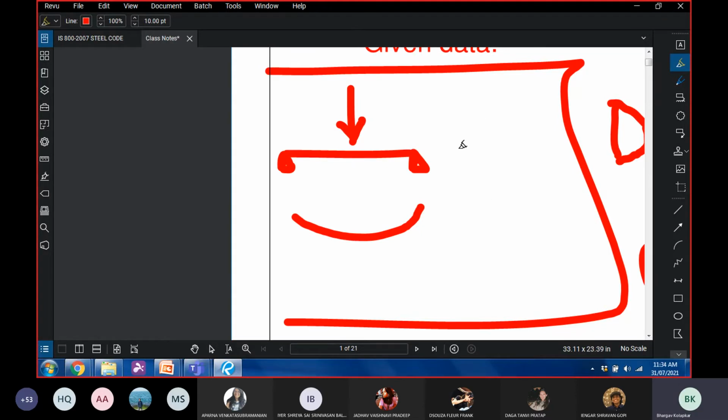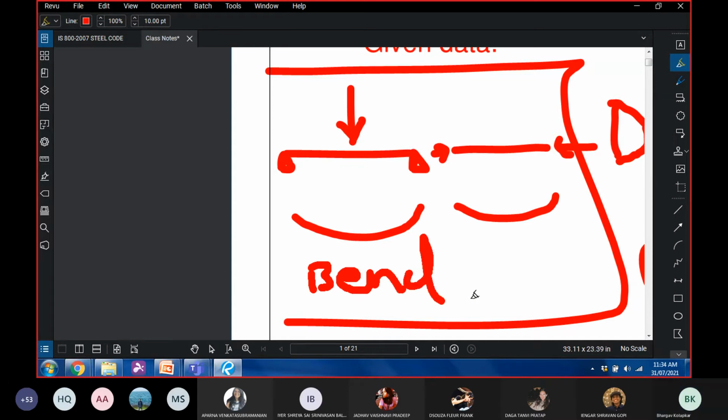But now you took this scale in your hand and you applied a force like this. So the force is in this direction and the deflection is in this direction. When the force and the deflection are in the same direction, it is called bending. And when the force is in one direction and the deflection is in the perpendicular direction, it is called buckling. This is buckling, this is bending.